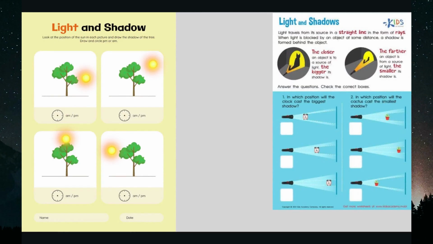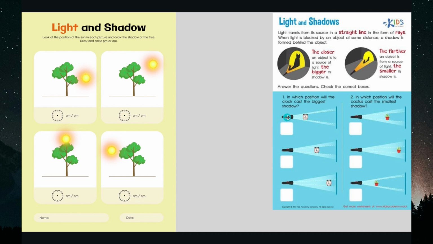So I have these two exercises for you guys so that you can create the shadows. In the first image, you need to draw the shadow for the tree, and also need to say what time it is. Is it AM, PM, and what time is it? You guys can use the time graph to complete this exercise. It's very easy. I would suggest you read question number 1 and question number 2 and try to draw the given image, right?